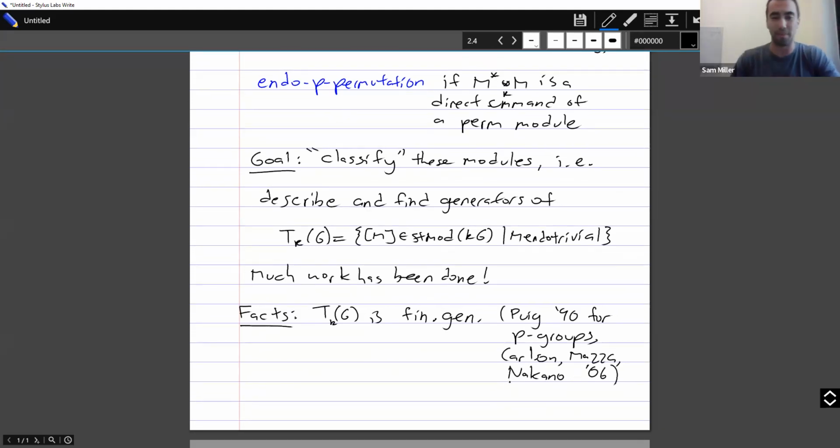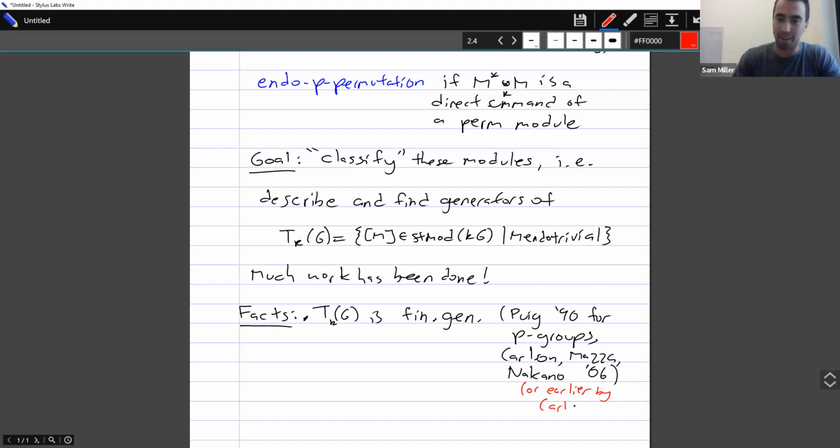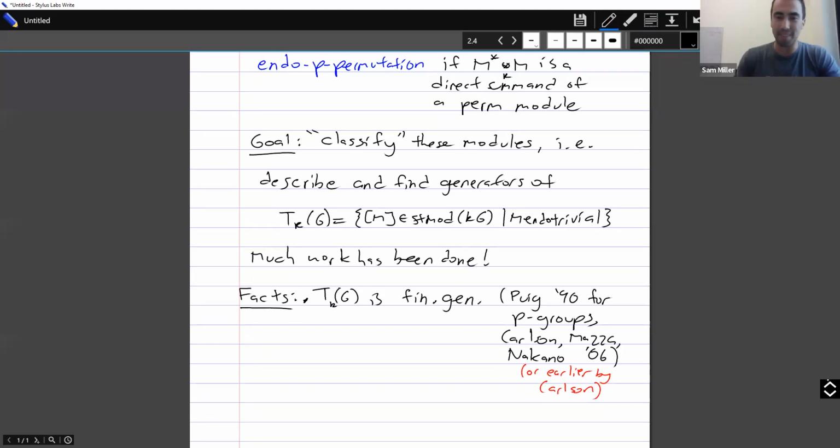But this is at least where I've seen the first mention of this. Dan says he thinks it was known earlier. Ah, okay. I think John also had other proofs. And John might have had other proofs of this. Or earlier by... thank you.